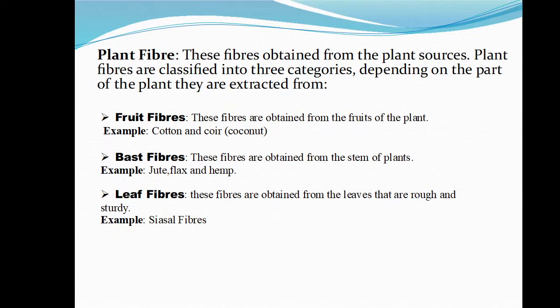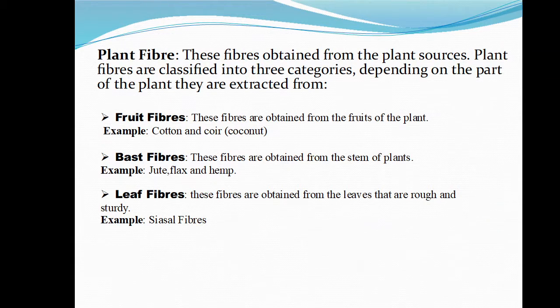Okay. So, what is plant fiber? Plant fiber is obtained from the plant, means it is part of some plants. It can be classified further into three categories depending on the part of the plant it is extracted from.